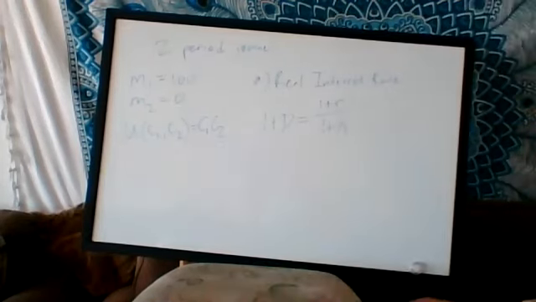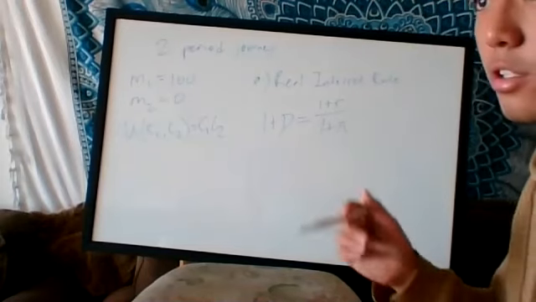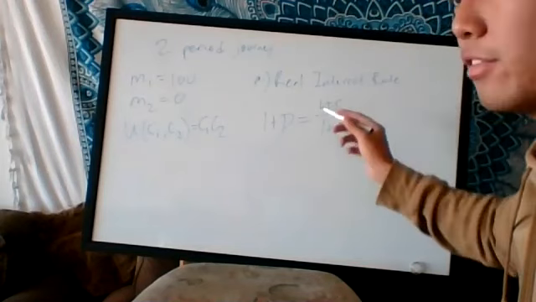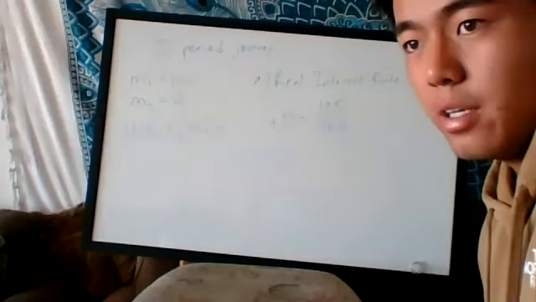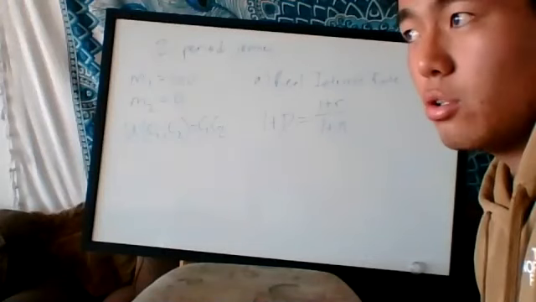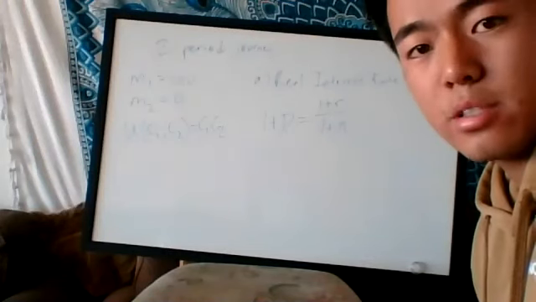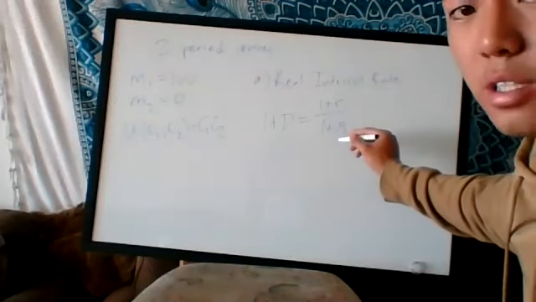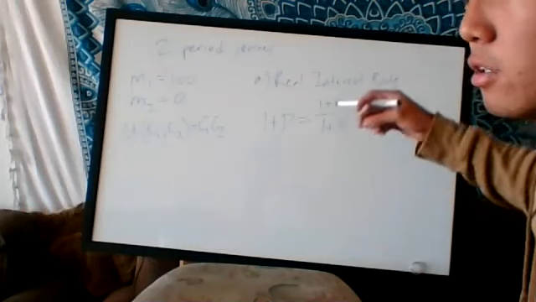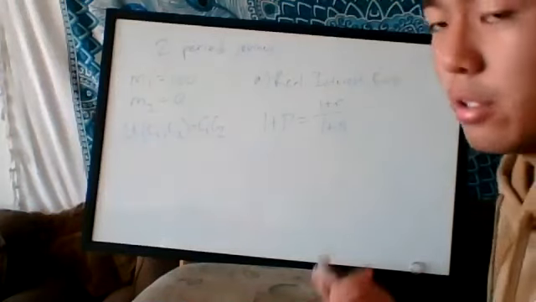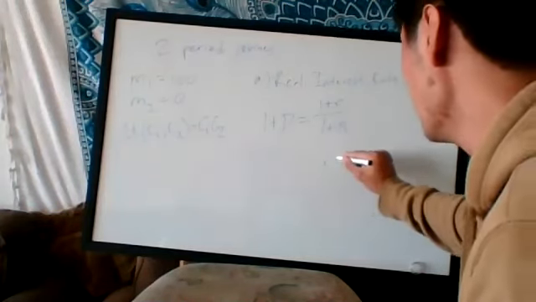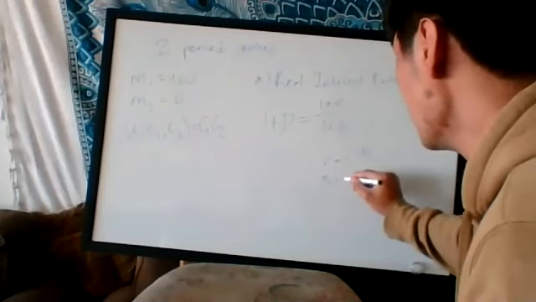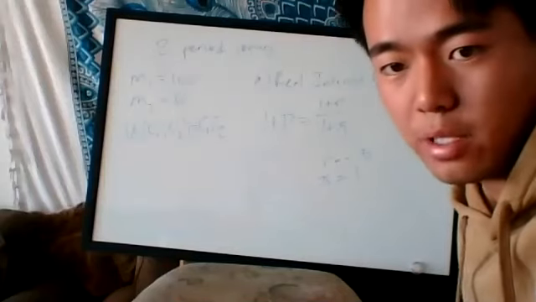Because of that, you're going to say that your R is negative 50%. Another way of thinking about that is that in period 2, you can buy half as much as what you could buy in period 1, which also means that inflation is going to be 100%. So you can either choose between saying that R is equal to negative 0.5 or that pi is equal to 1. Does everybody understand this?